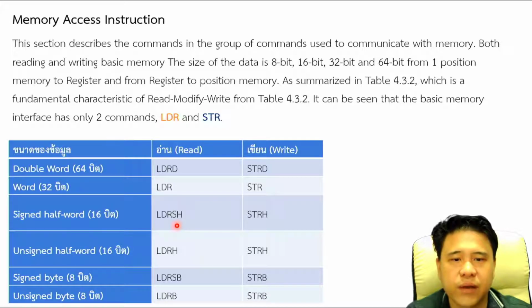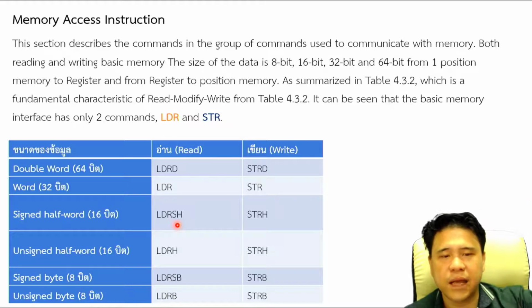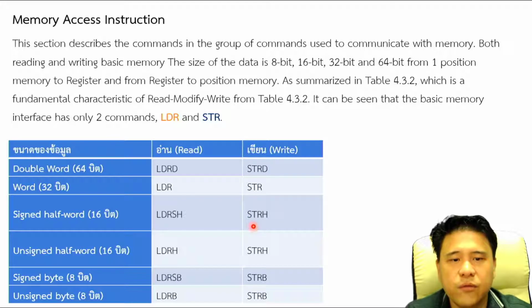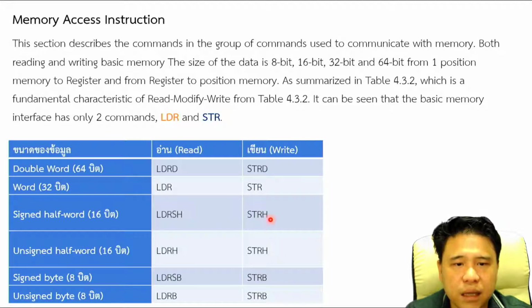And this is load. You load just only 16 bits from your memory and store into your registers. And this one, we write something back to the memory using STR, and here you will find that this should be STRH.